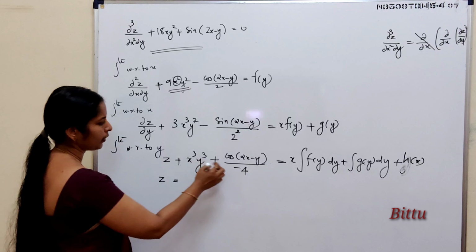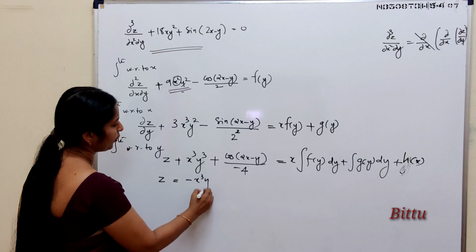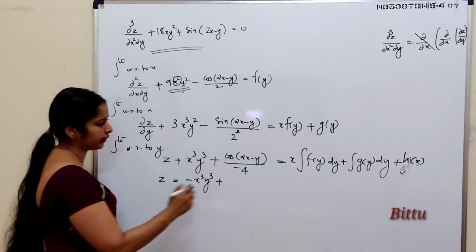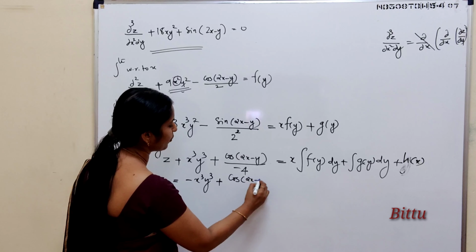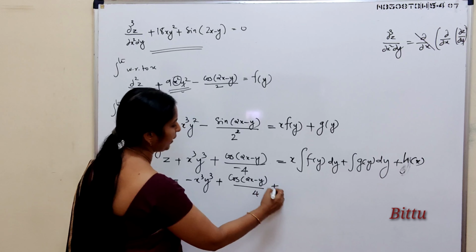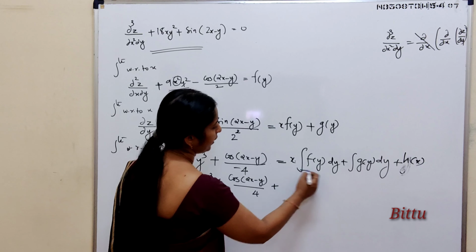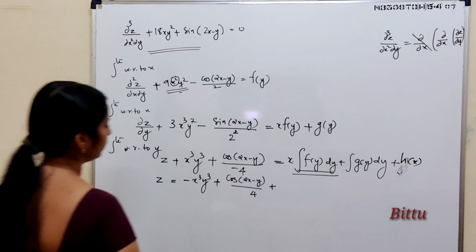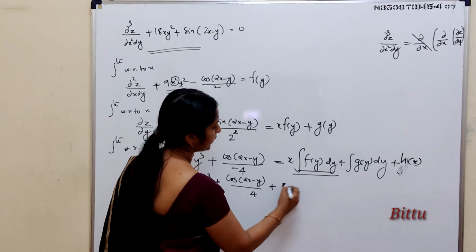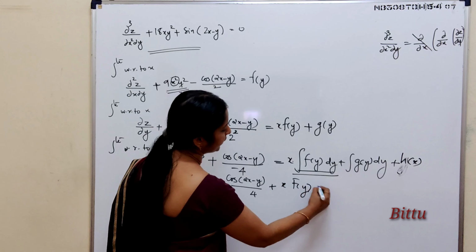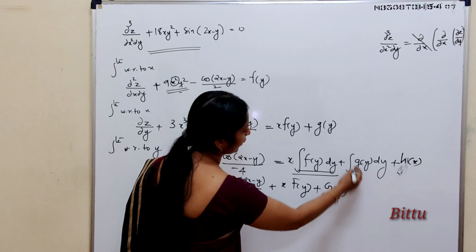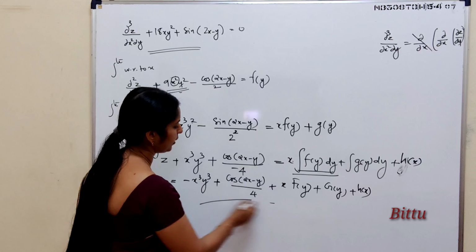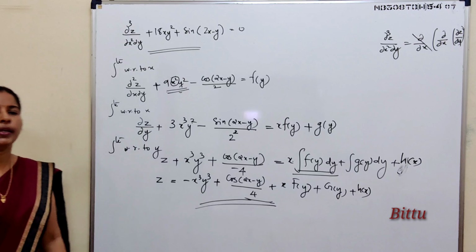So z is minus x cubed y cubed plus, while this term goes to the right side, it becomes plus, cos of (2x minus y) by 4 plus x times the integral of f(y), plus g of y, another function of y, plus h of x. See, this is the solution of the given partial differential equation.